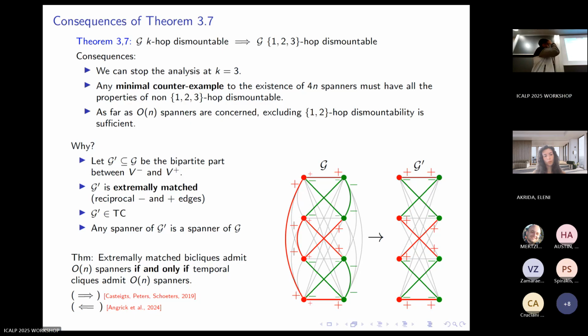Something more general is true about this class of temporal graphs: an extremally matched temporal bi-clique, so the graph on the right with the two extremal matchings, admits a linear spanner if and only if the temporal clique admits a linear spanner.